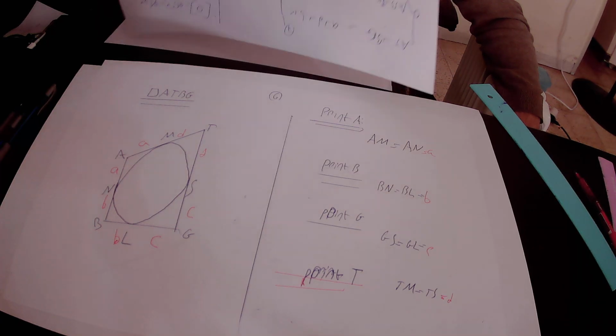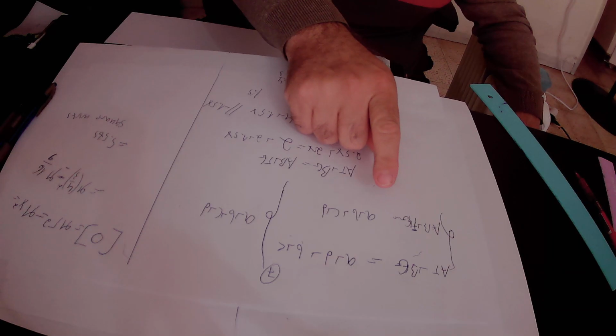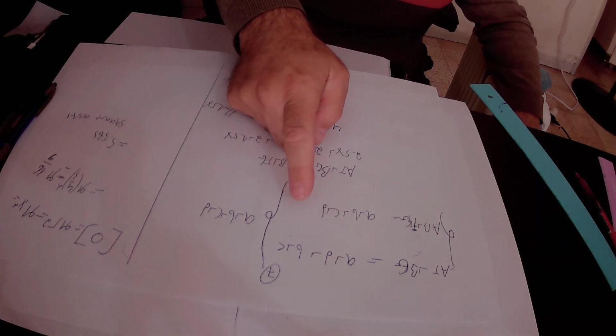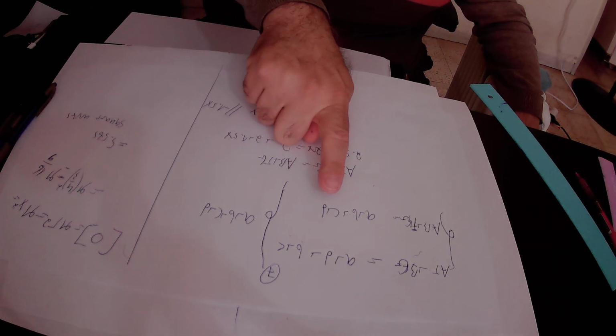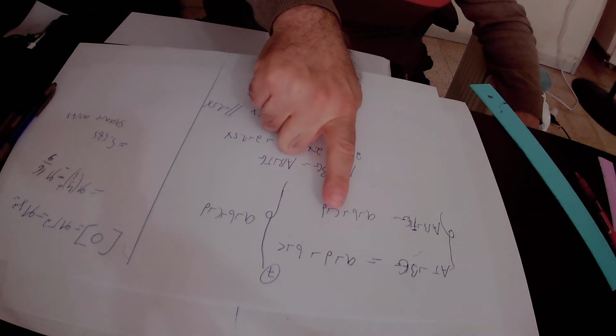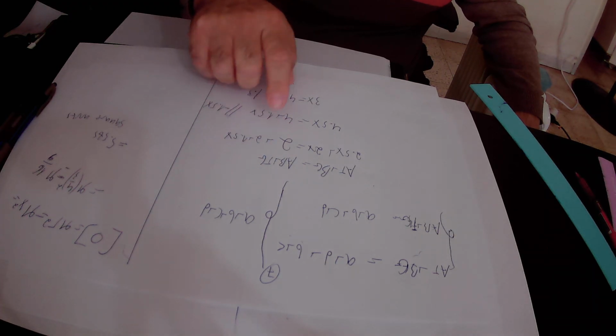So in total, AT plus BG equals a plus d plus b plus c. We can change the order of the variables, and write that a plus d plus b plus c equals a plus b plus c plus d.